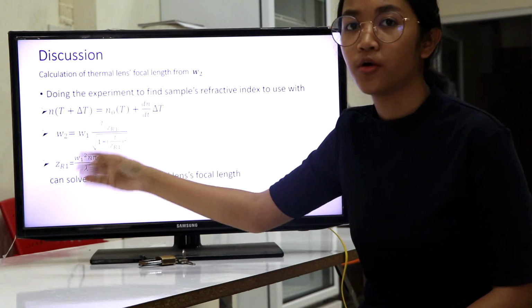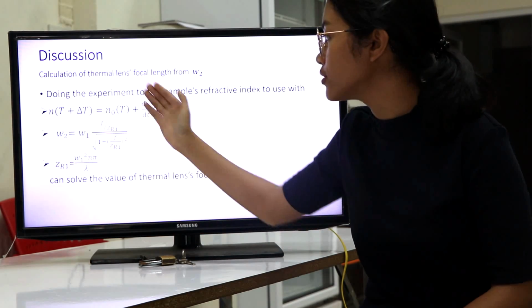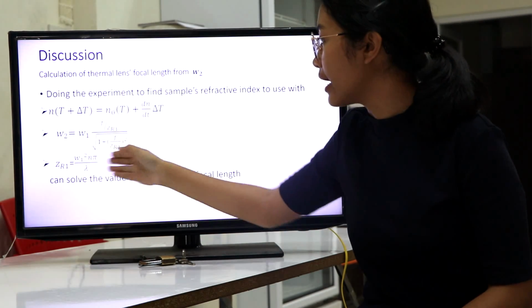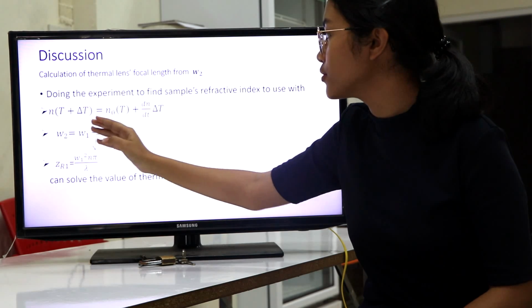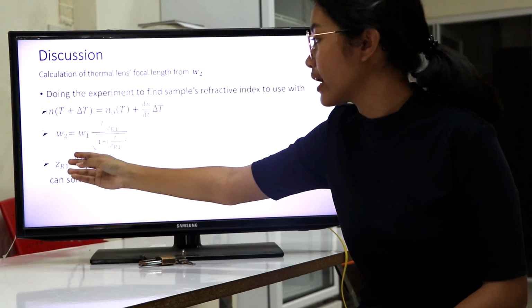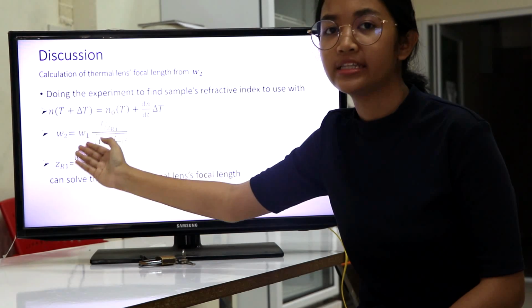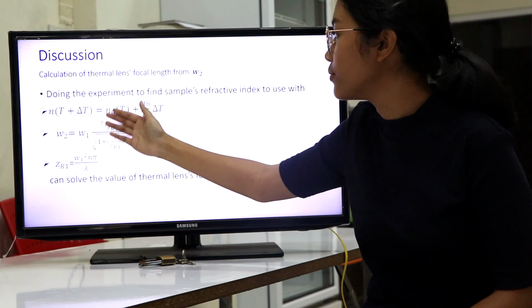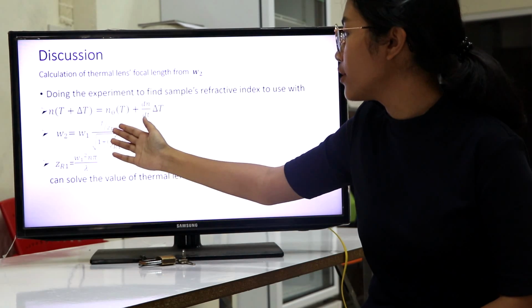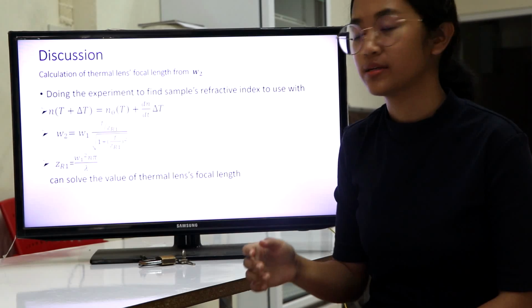So if we know the refractive index and put it into this equation, and then use this equation with W2 that we can find in the experiment, then we will know the value of the focal length.